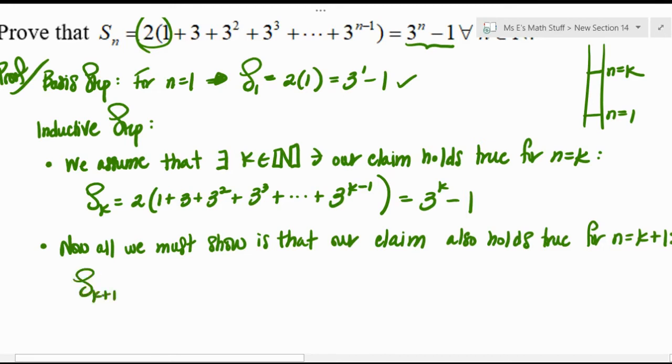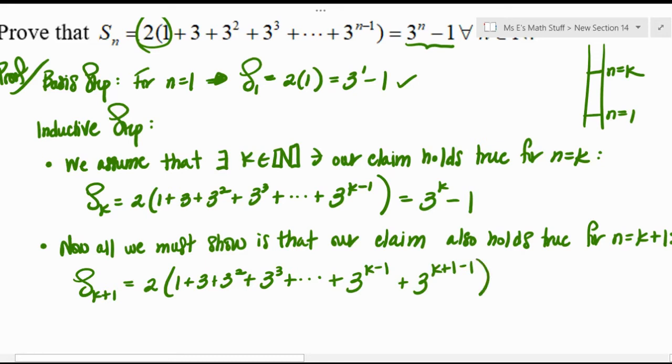So s sub k plus 1 on the term by term side, what would that be? That would be 2 times the quantity 1 plus 3 squared plus 3 cubed, all the way up to, you'd still have the k term there, but then you'd also have one more term. You'd have that, which would just end up simplifying to be 3 to the k.